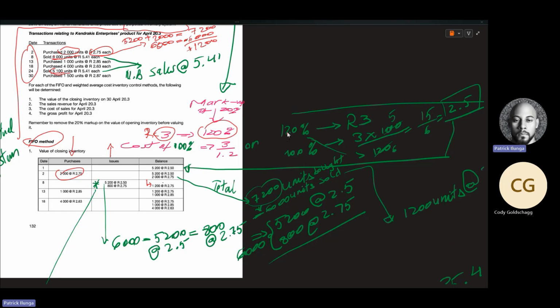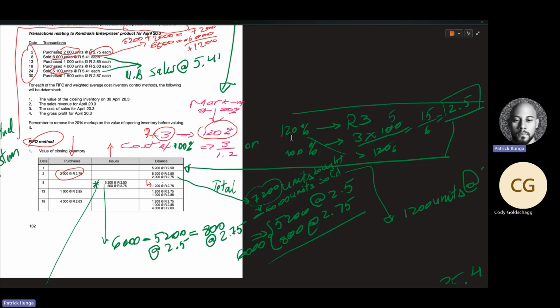Okay? And it's a very simple rule. So if 120% represents 3 rand, what would 100 represent? It's simple. You just take 100 times 3 divided by 120. It's a quick one, but in any case, I've put it in your notes, and you can see it as we go through it in class, so you know how to deal with this.